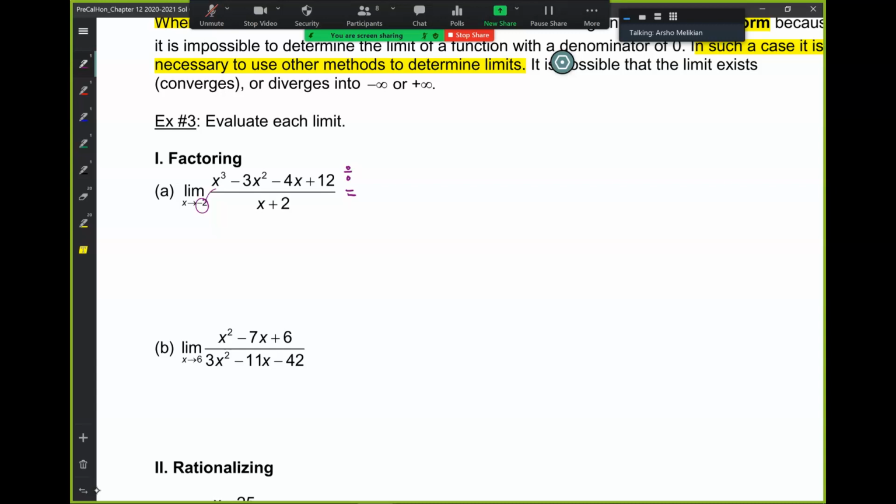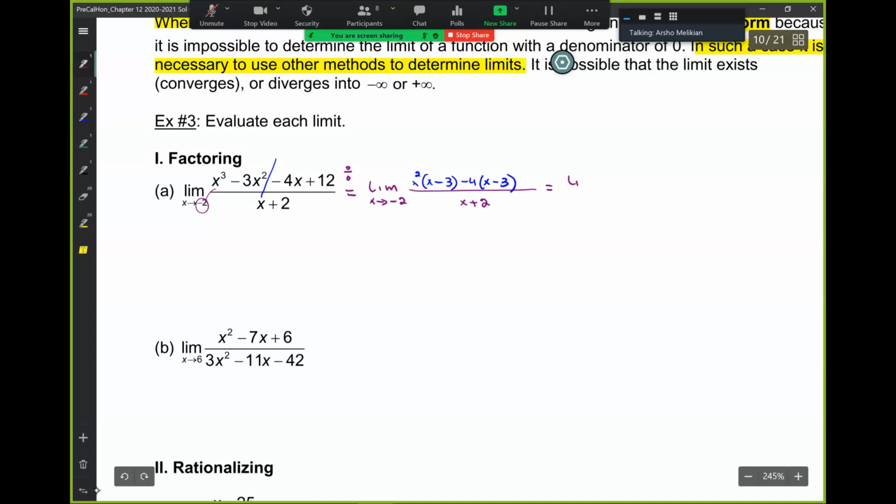Okay, so look, here's what happens. When you're going to work with the function, you're not plugging in the numbers yet. That limit must stay. Okay? All right, so the denominator just stays as is. The numerator, we're going to factor by grouping. How do we know to factor by grouping? 4 terms, cubic term. So in the top and to the left, I factor out an x squared, and I get x minus 3. And then I factor out a minus 4, x minus 3.